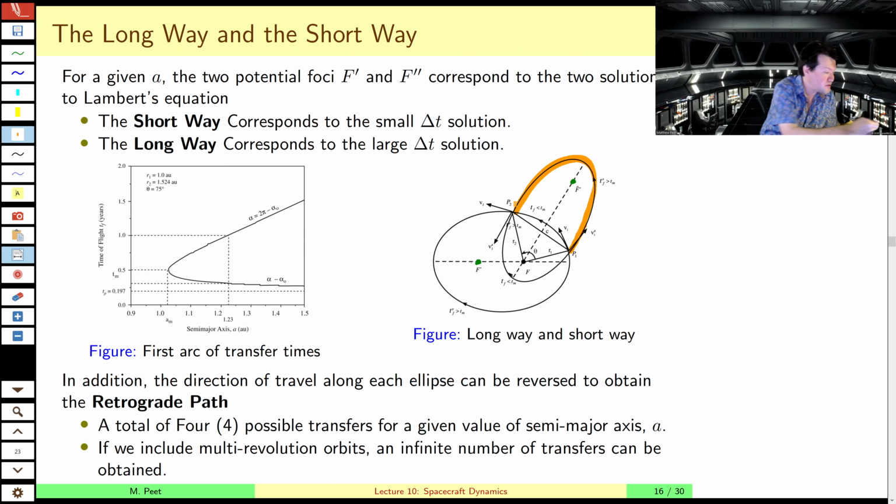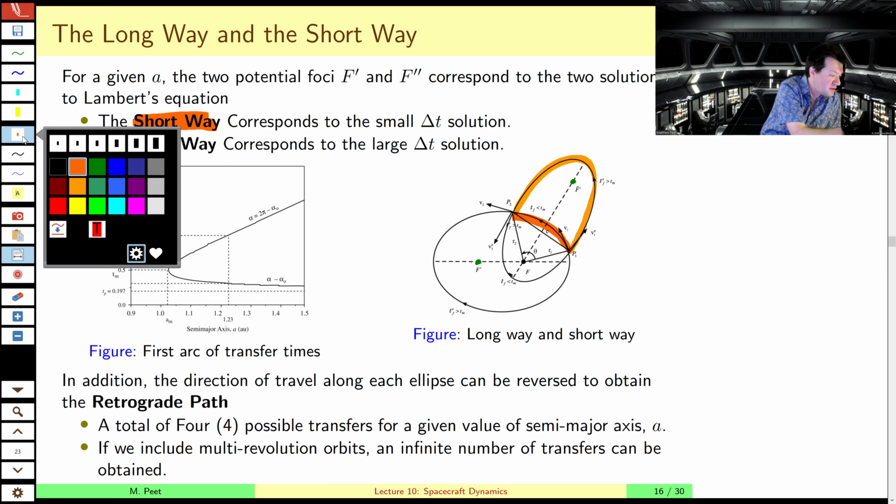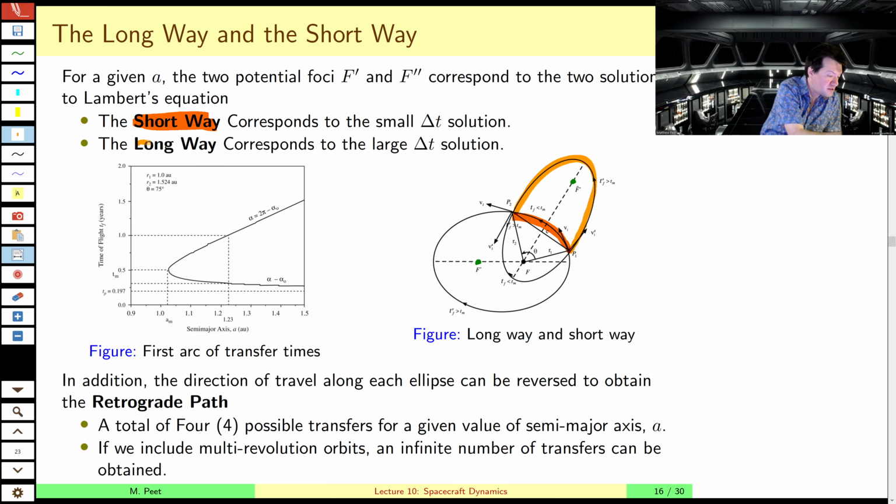So there's one, and there's the other. Like I said, the long way and the short way are differentiated somewhat by the fact that one looks longer than the other. In particular, the short one is this one, the dark one, and the long one is this one.